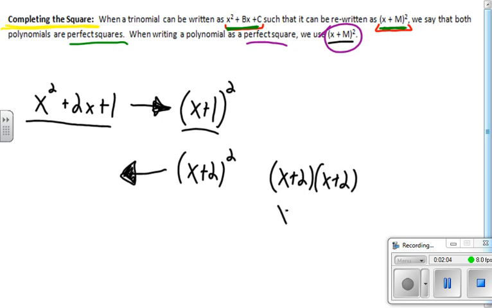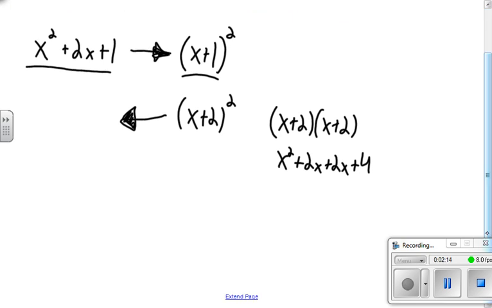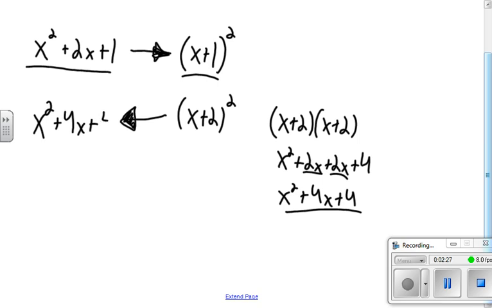X times x is x squared, plus x times 2 is 2x, plus 2x. 2 times 2 is 4. Combine these like terms. We have x squared plus 4x plus 4. So that's the perfect square trinomial. So we call both of them perfect squares. One is a trinomial, one is a binomial.